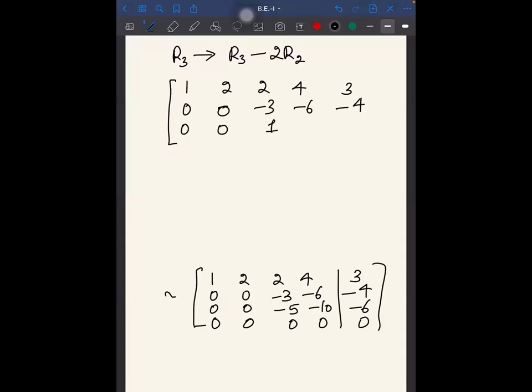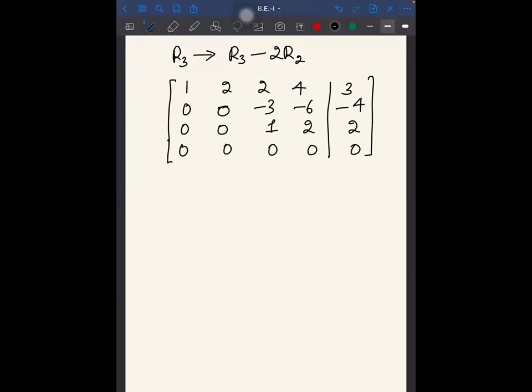So it will be 1 over here. And similarly, minus 12 plus 12, 2 becomes. Minus 8 plus 8, 2 becomes. So now you may replace this row. That means interchange your R3 and R2.